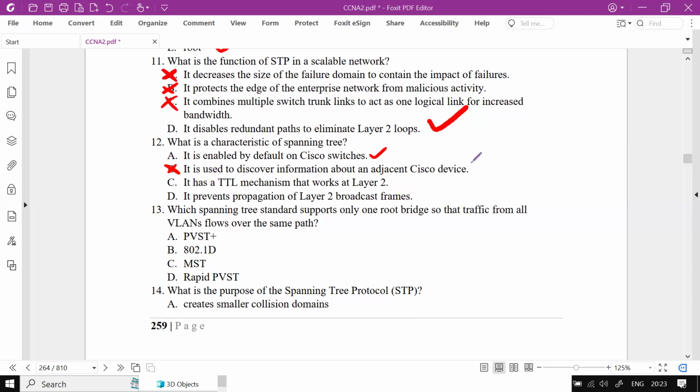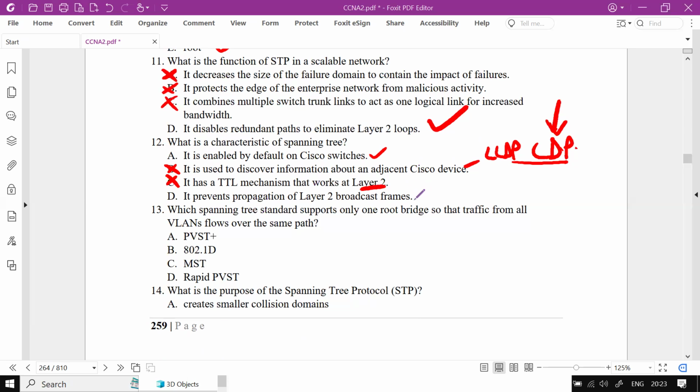Here we have LLDP and CDP, I think, but for Cisco, this is the Cisco one. It is a TTL, time to live. Time to live is not a mechanism on layer two. That's where the answer is wrong anyway. It prevents propagation of layer two broadcast frames.